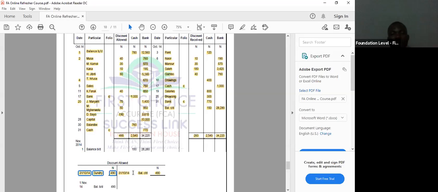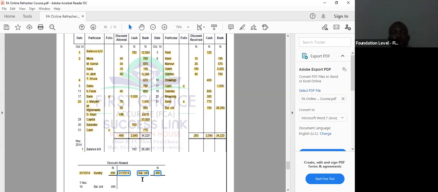The reason why you are seeing balance carried down is because we are here to close that financial year. Discount allowed is found under the profit or loss account, so we are expected to write it off to profit or loss account.